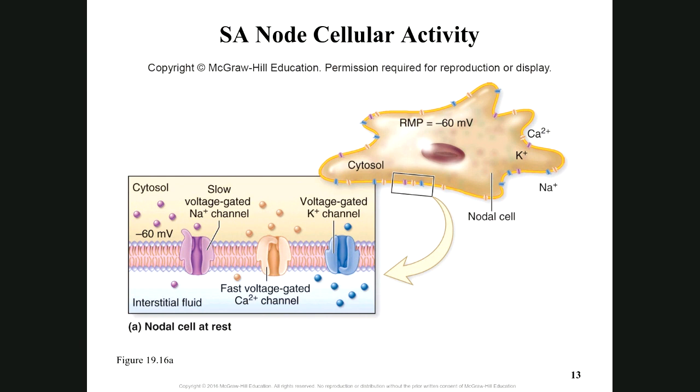The sodium channel here is always open, and sodium ion can come to our cell gradually. What happens when one positive ion comes to our cell? When positive ion come to our cell, inside the cell becomes more positive. So we can move from the resting membrane potential, which is -60 millivolt, up and up until we reach the threshold level.